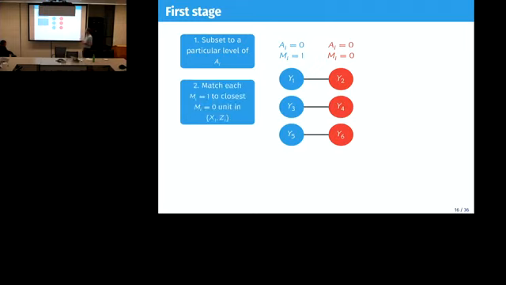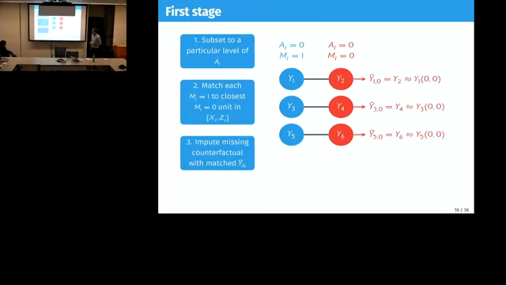And then we'll match every M equals 1 unit, so every mediator equals 1, to the closest M equals 0 unit in terms of X and Z. Right, so we'll use some distance metric, Mahalanobis distance, Euclidean distance, or something like that, and we'll find for every M equals 1 unit its closest M equals 0 unit. In this simple example, we're just going to match it across.